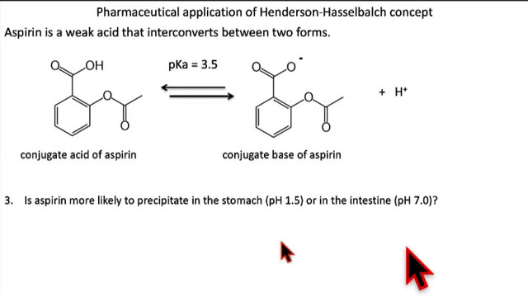Well, in the stomach with a pH of 1.5, there are a lot more protons than there are in the intestine with a pH of 7, because pH and proton concentration are inversely related and it's logarithmic.